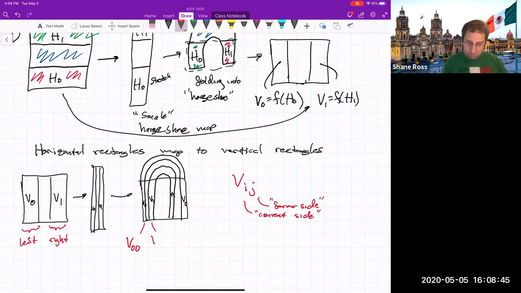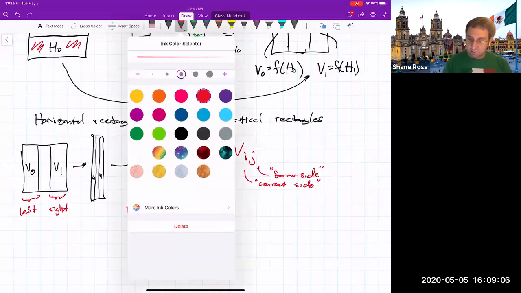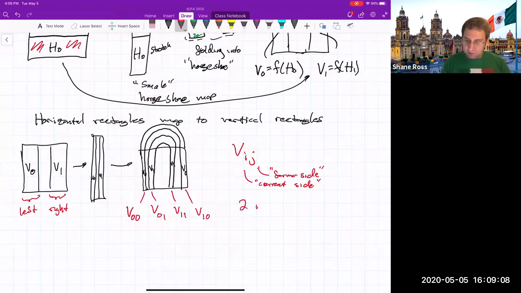What is this? The current side is 0, so this is V0,1. This is, the current side is 1, and it was formerly 1. That's why it's called V1,1. And then this is V1,0. We could keep doing this. This is just 2 iterates of the map.